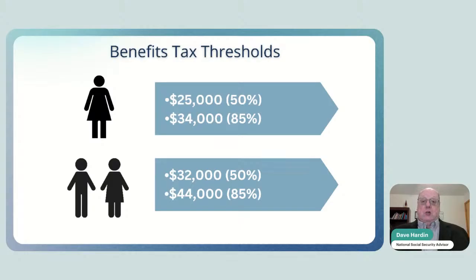If you're single and you earn $25,000 or more of provisional income, 50% of your Social Security is fully taxable at the highest marginal tax rate you pay. Last dollar of income tax, not first. If you earn $34,000 of provisional income, 85% of your Social Security is fully taxable at the highest marginal tax rate you pay.